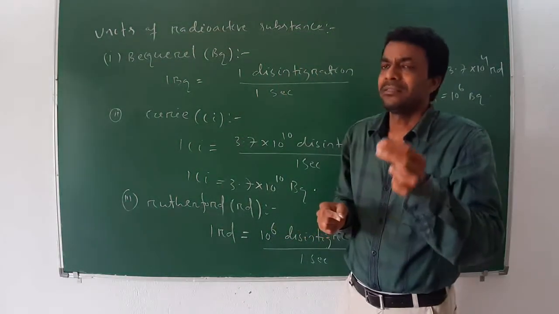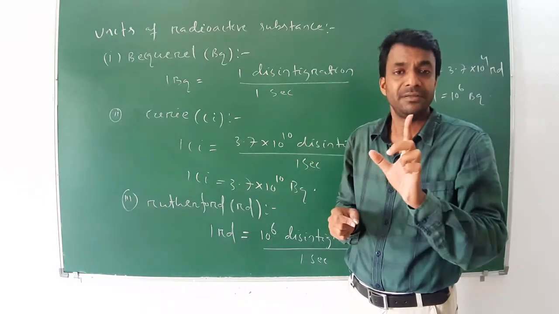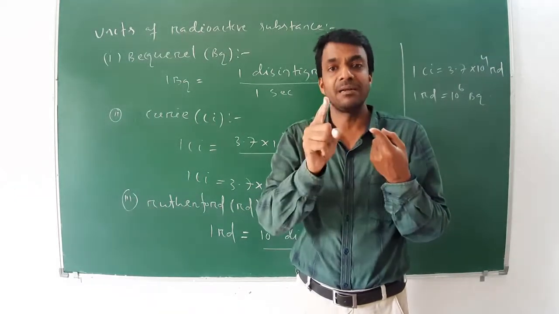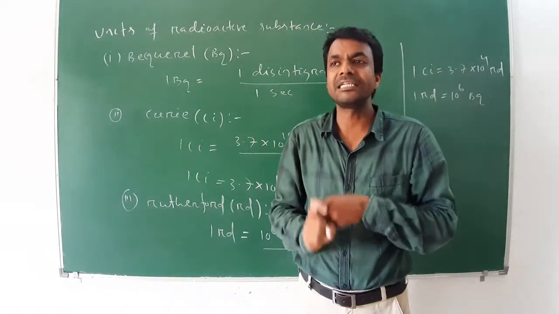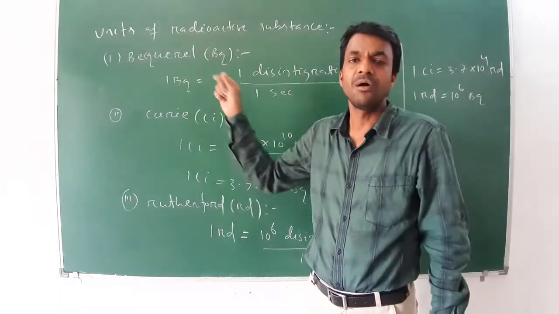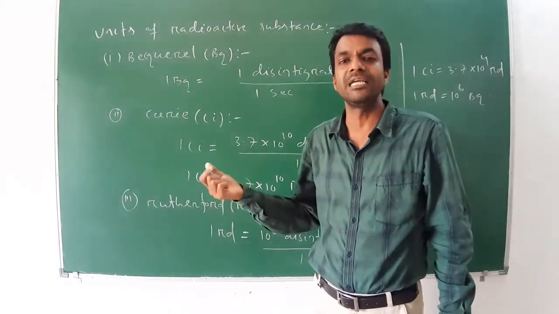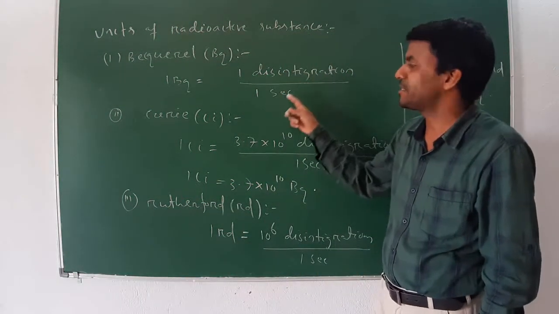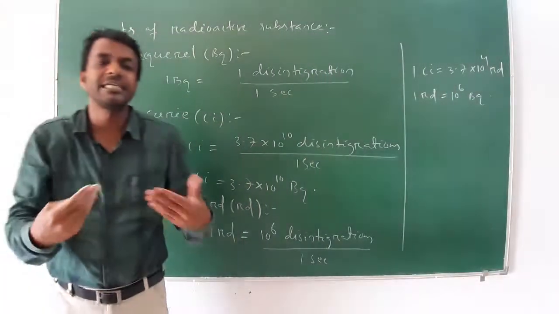If a radioactive sample has one disintegration per second, then this is known as 1 Becquerel, denoted as Bq. Means 1 Becquerel is equal to 1 disintegration per second.